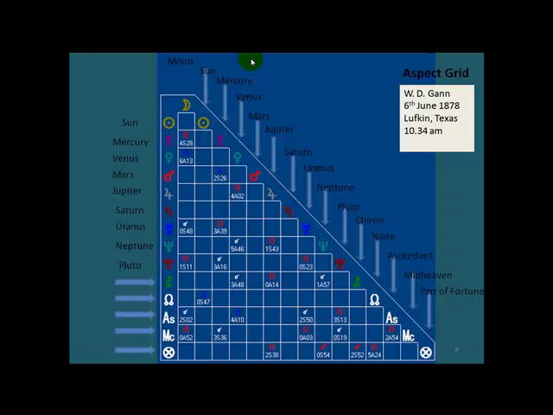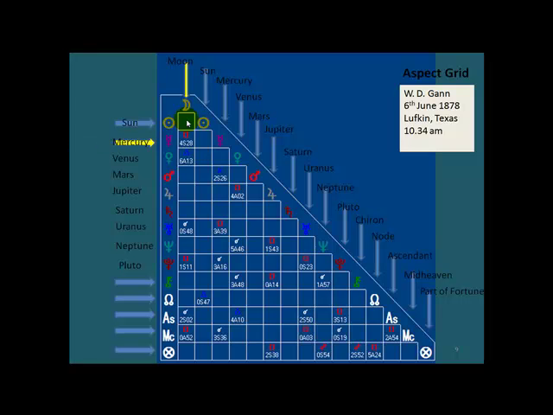Here we have something we also need to understand, an aspect grid. This is W.D. Gann's aspect grid, and what it shows is the relationship between the planets in the natal chart. If we look at the first planet, the Moon over here, does it have an aspect? You can see that in the little box there's no symbol, meaning that the Sun and the Moon have no aspect or relationship that we know of in his chart.